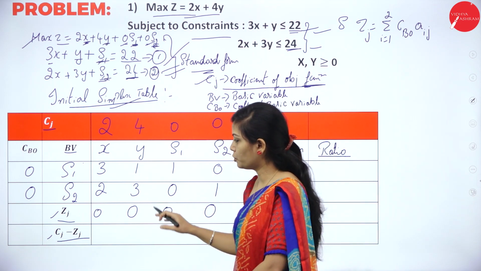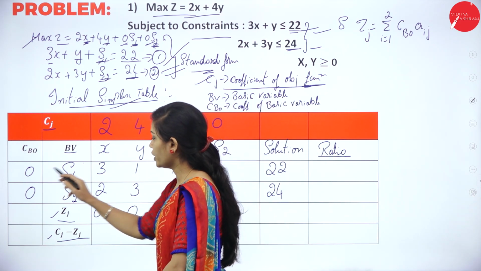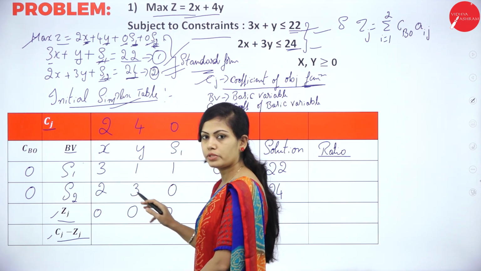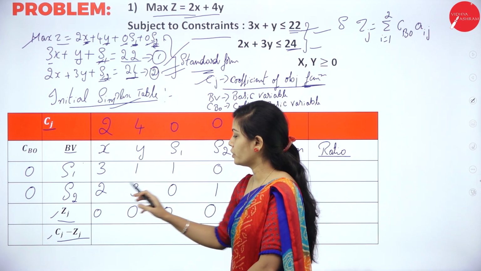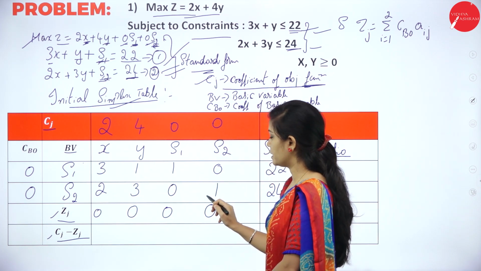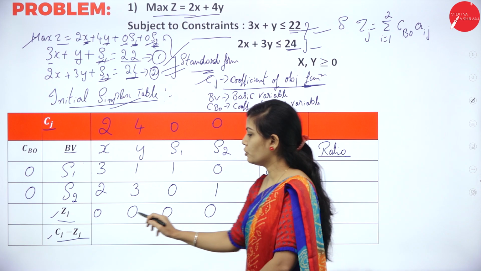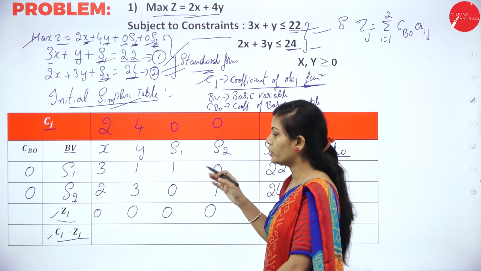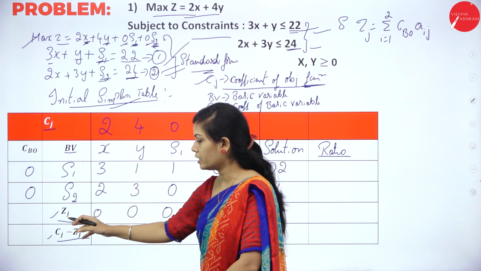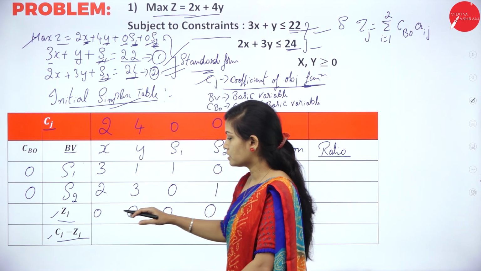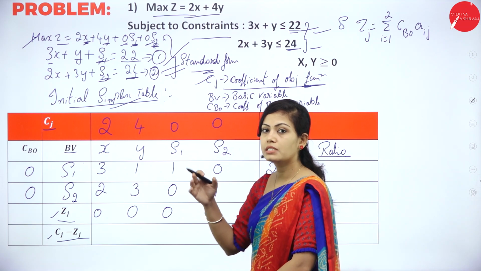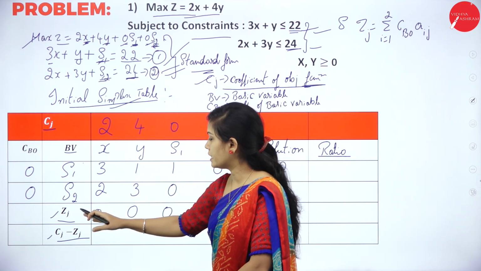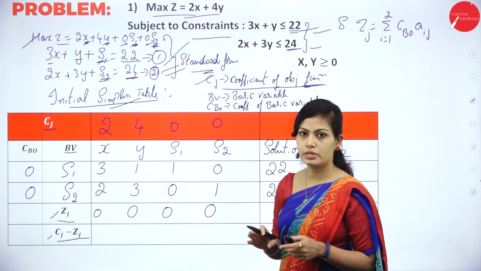And what is the formula for finding Zj? 0 into 3 plus 0 into 2, 0 into 1 plus 0 into 3, 0 into 1 plus 0 into 0, 0 into 0 plus 0 into 1. So, all the values are 0 only. And in iteration 1, again you need to use the same method for finding Zj value, but in next iterations you will get some other values. But in initial simplex table, Zj value is always 0 only.